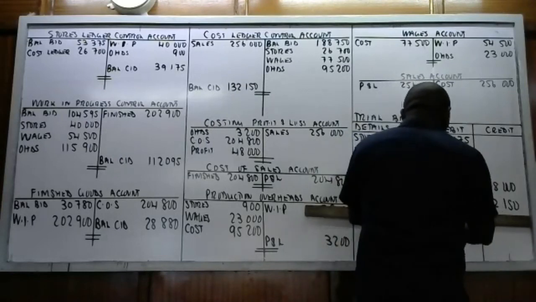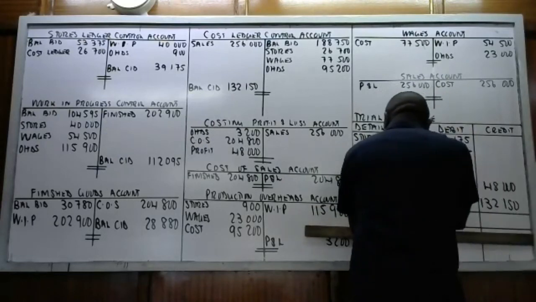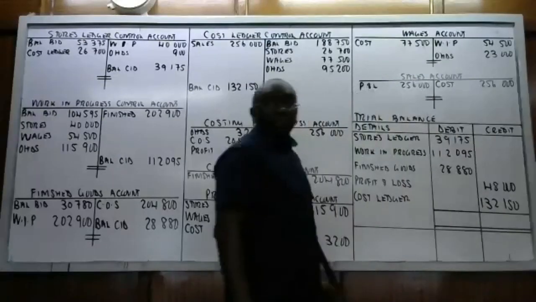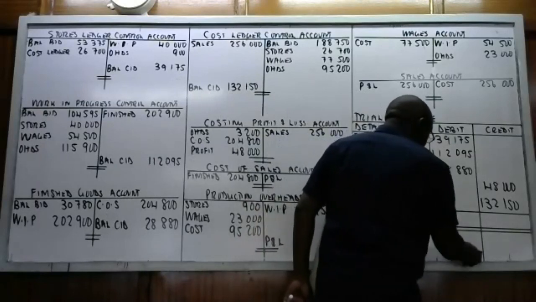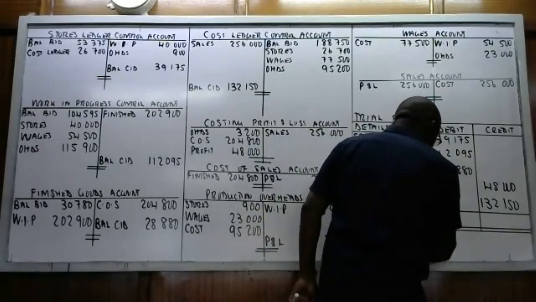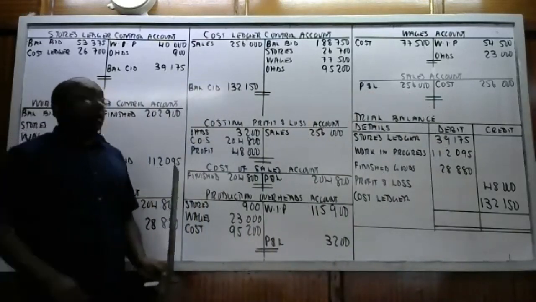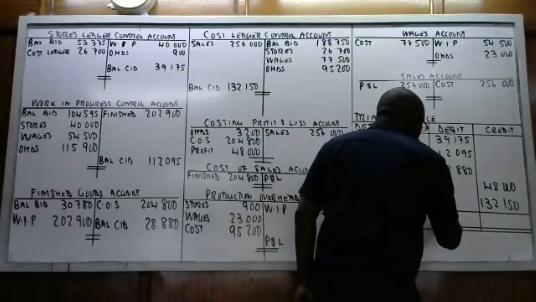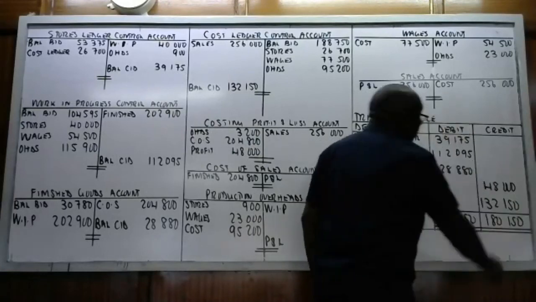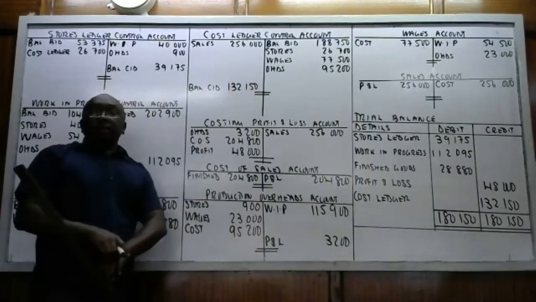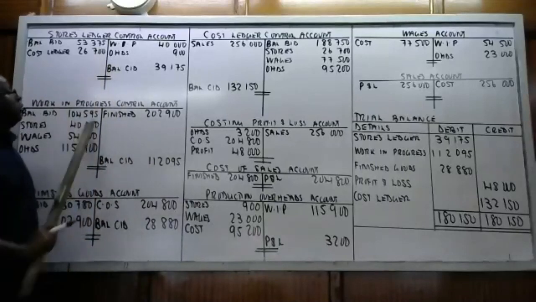So let's check whether they agree. 180,150 and 180,150. So this is the knowledge we used earlier to check whether it was balanced.